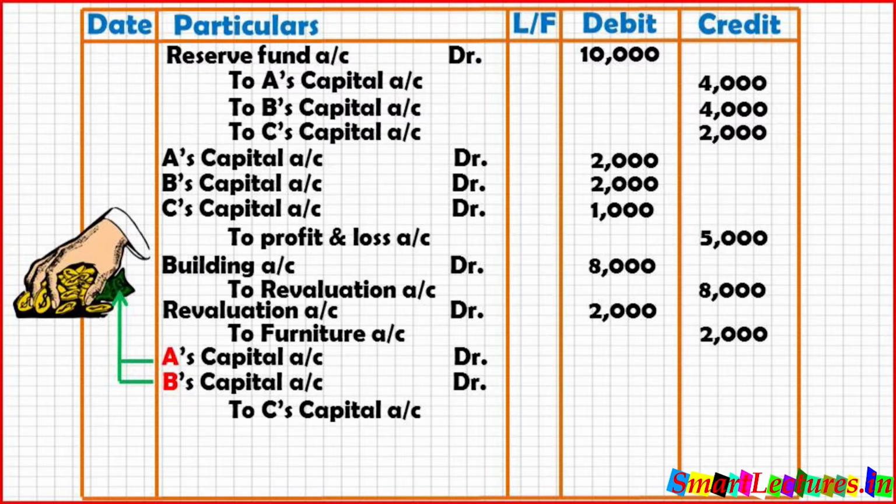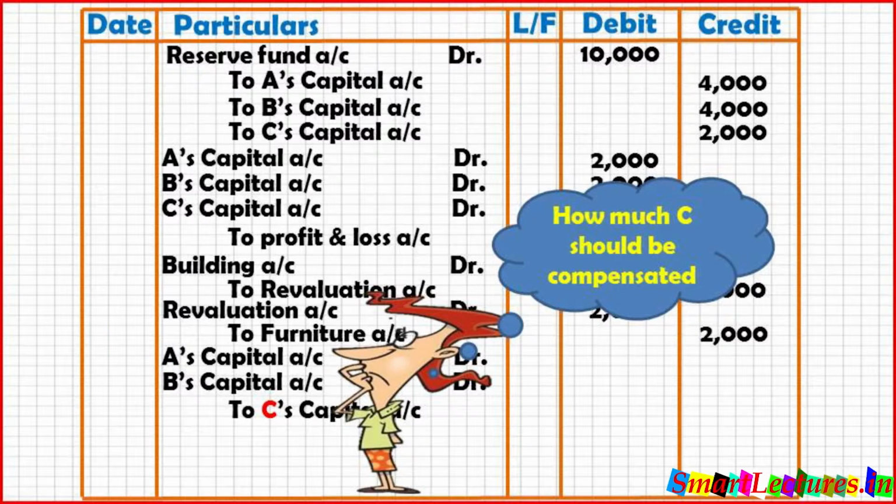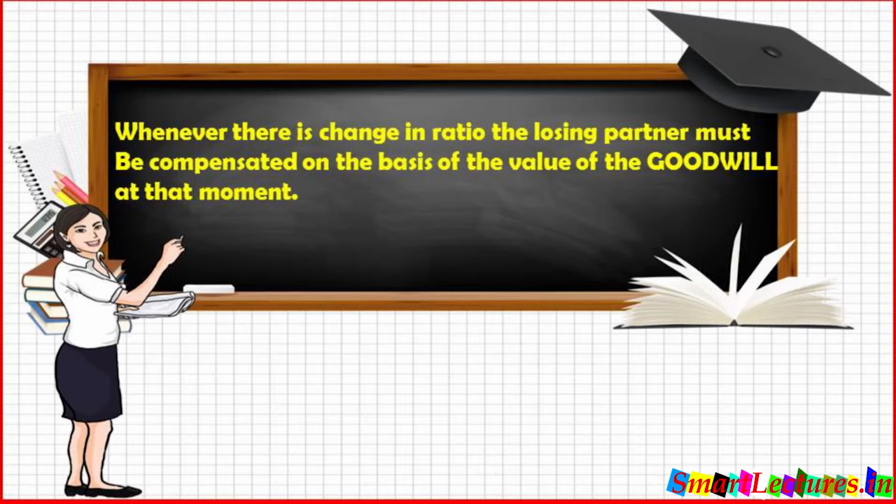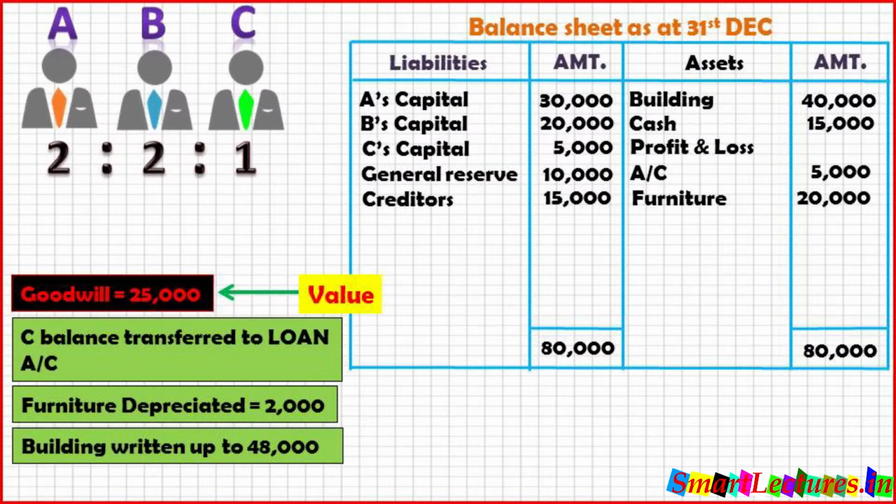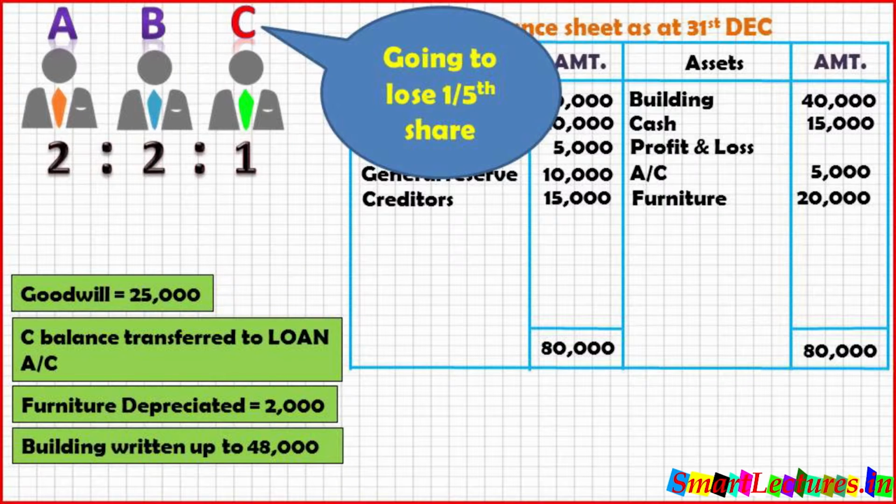Now the question is, how much C should be compensated? Whenever there is change in ratio, the losing partner must be compensated on the basis of the value of goodwill at that moment. And the value of goodwill at this moment is 25,000 rupees. So C is going to lose 1/5 share. So he must get 1/5 of 25,000 rupees, and that is 5,000 rupees.